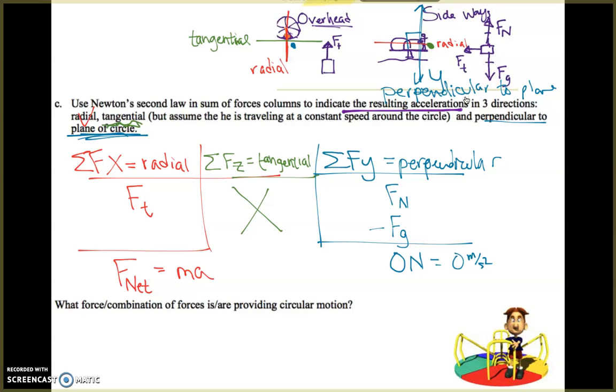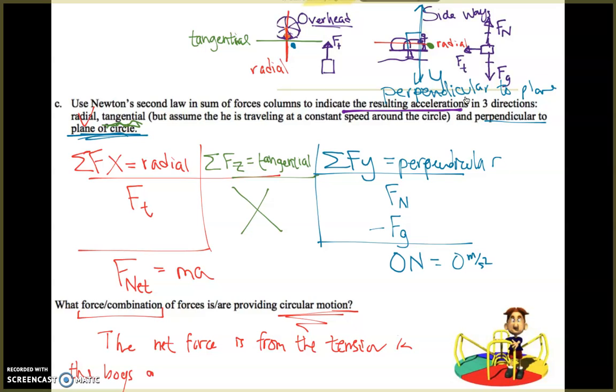When we want to think about what combination of forces are providing the circular motion, those are the forces that are providing that net force. The net force in this situation is from the tension in the boy's arm holding onto the merry-go-round.